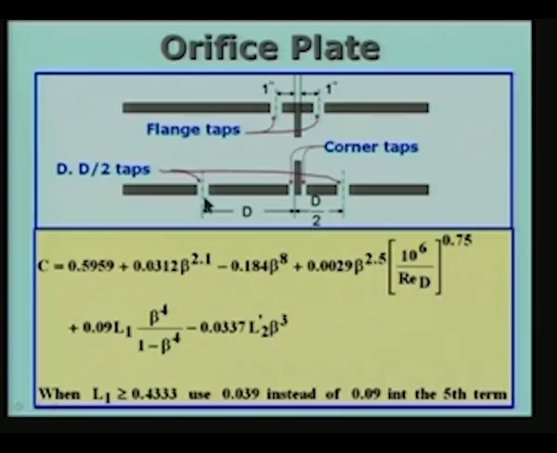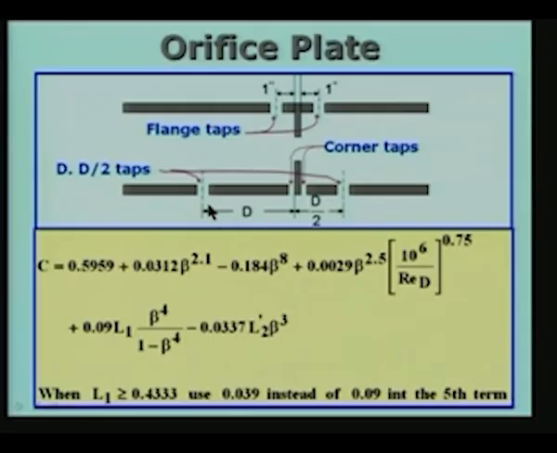So, what is this tap I am talking about? It is a small diameter hole, normally 1 to 3 millimeters in diameter, and to this one of the manometer legs is connected and the other manometer leg is connected to the other tap. That is essentially what it is.